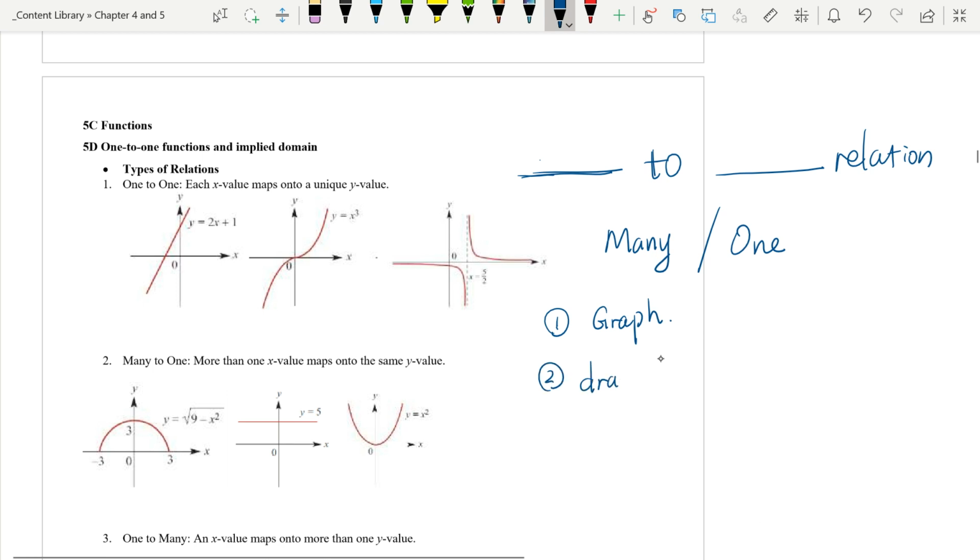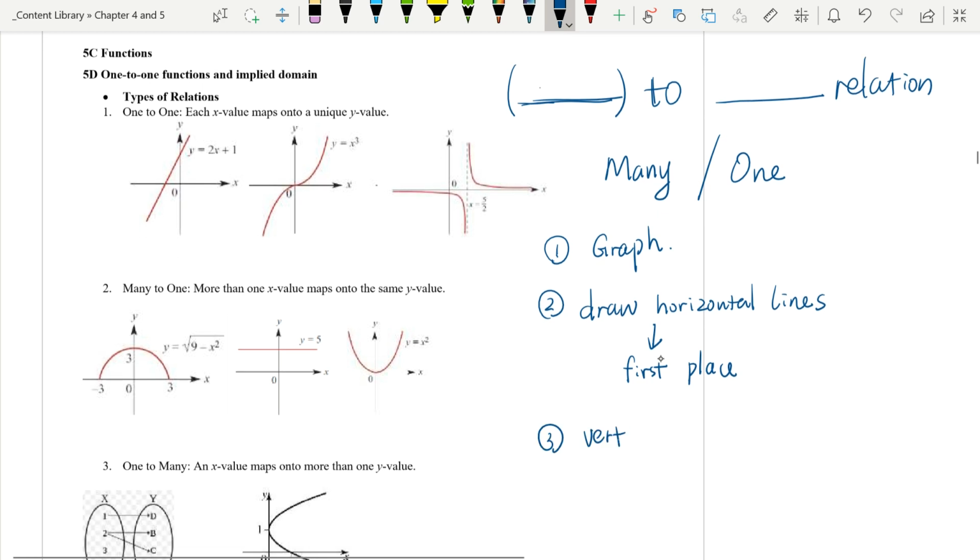The second thing is to draw horizontal lines. This decides the first bracket, the first place, whether it is a one or a many.